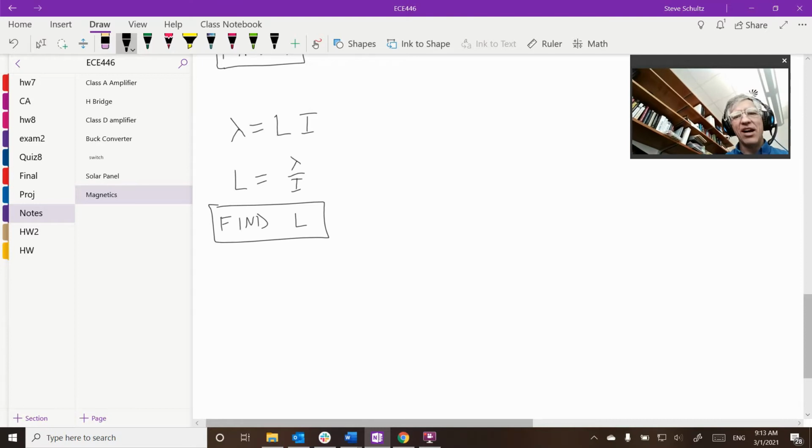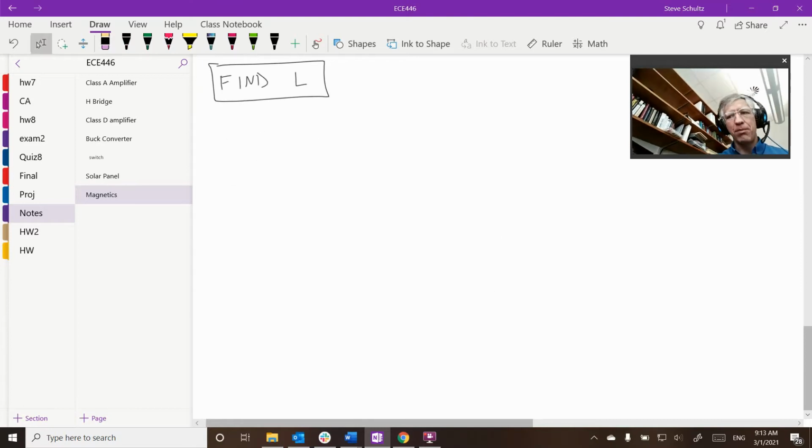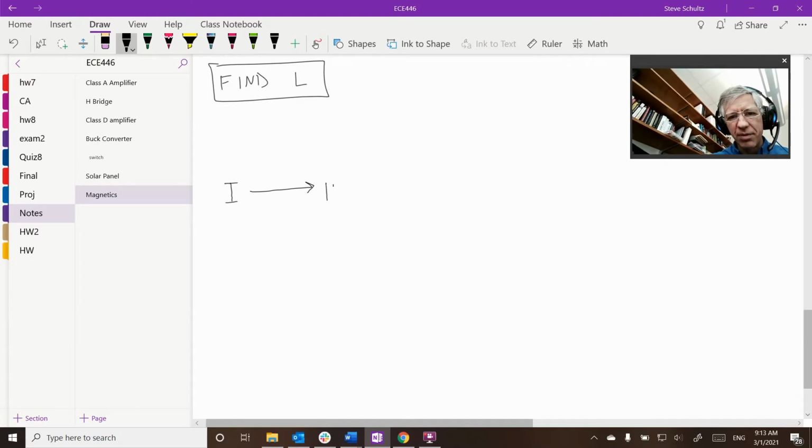Okay, so now let's loop all of this back around into a big loop on this calculation. We're going to start with our current, and the current is going to produce my magnetic field. Typically this is done by multiplying it times N over my length.